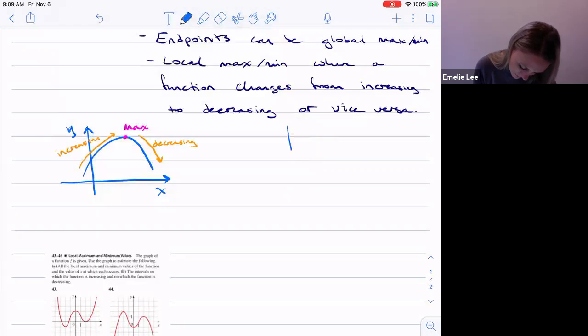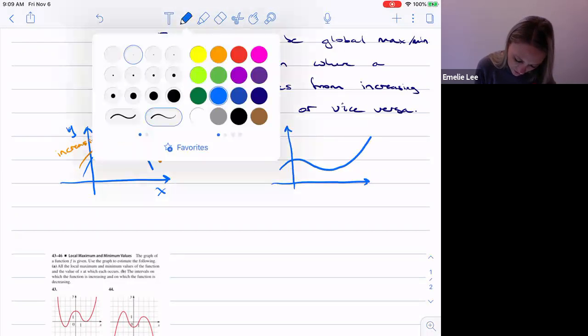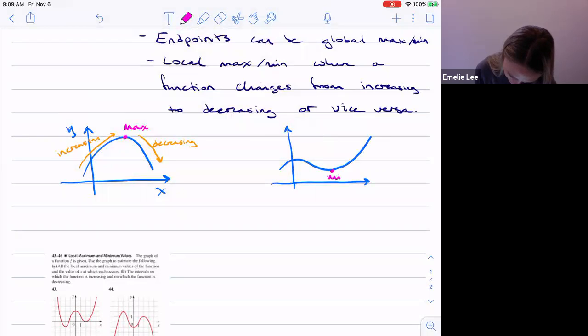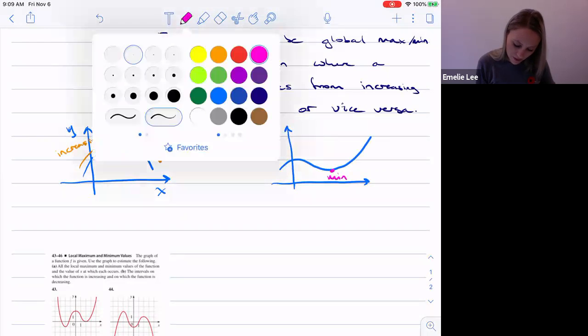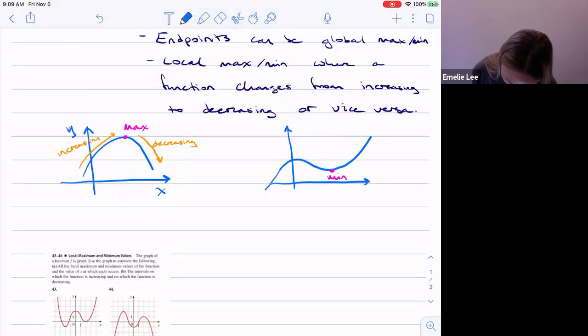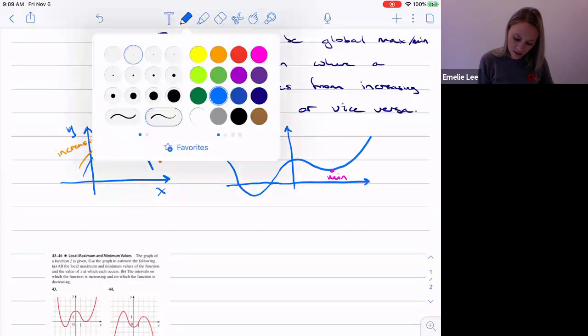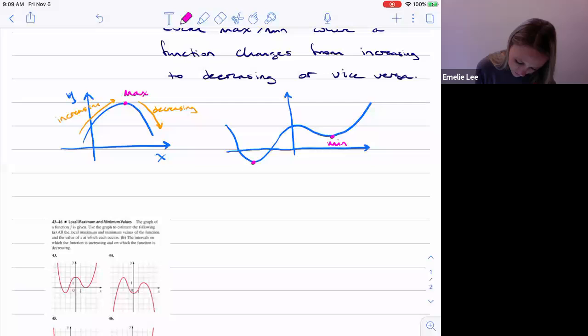All right. Whereas if you have something like this here, this might be a local minimum. If you have something like this, this is also a minimum, because this minimum on the right-hand side is higher than the minimum on the left-hand side.